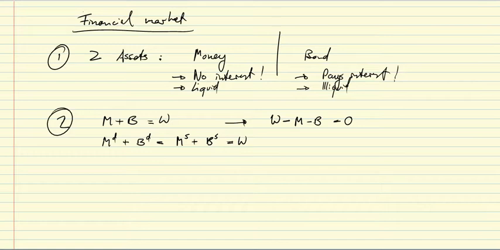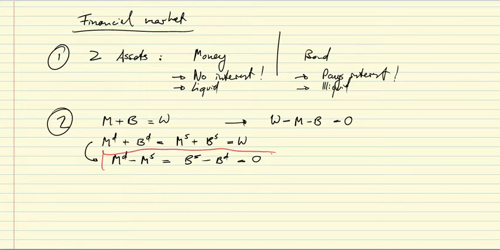So we can rewrite this in still different terms, which will be illustrative, namely money demand less money supply must be equal to bond supply less bond demand. And if these differences are equal to 0, the financial market is in equilibrium. Let me emphasize this here.